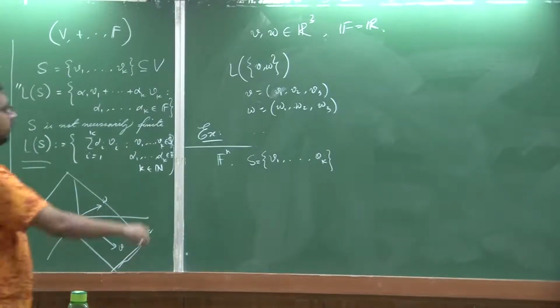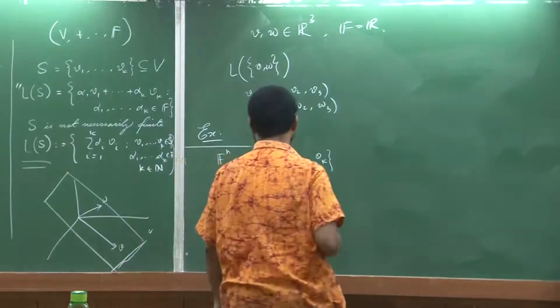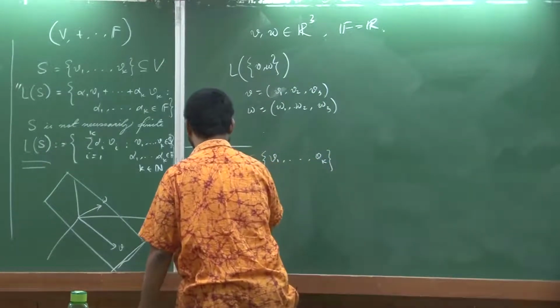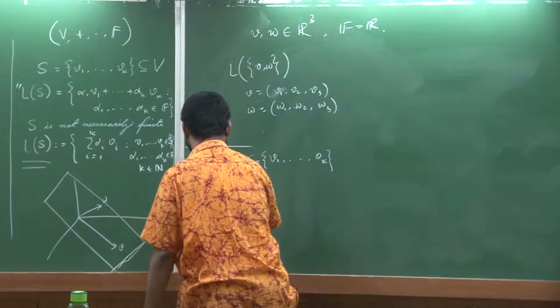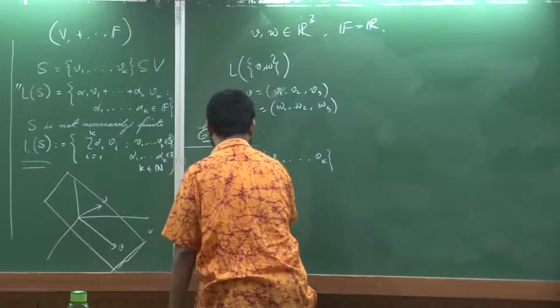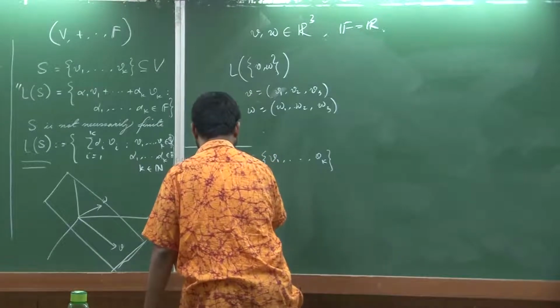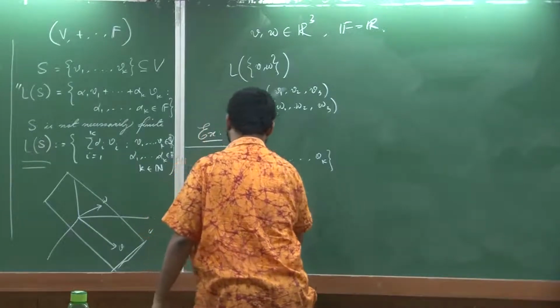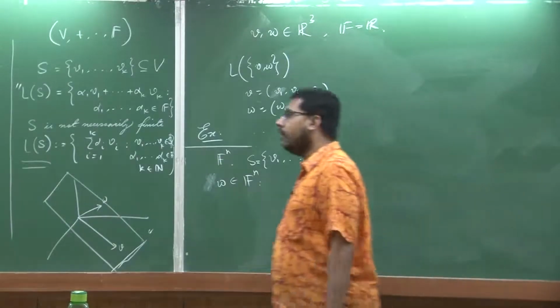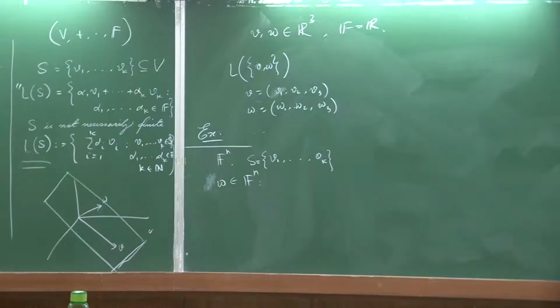The question is, how do we understand whether a given vector W will lie in the span of this? Do we have a way?